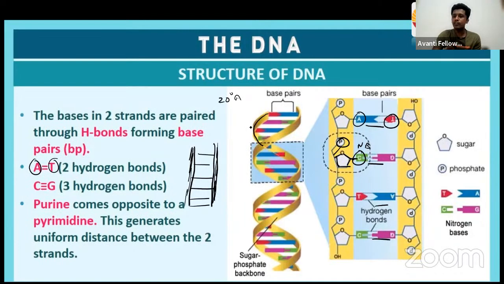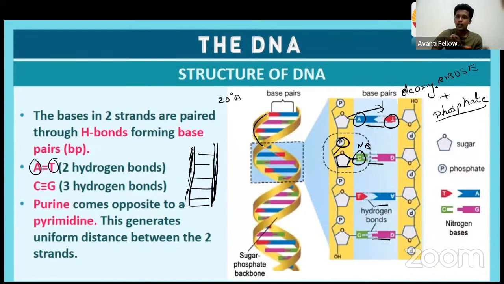The backbone of this DNA contains two important components, that is your deoxyribose sugar plus a phosphate group. They make up the backbone of your DNA.